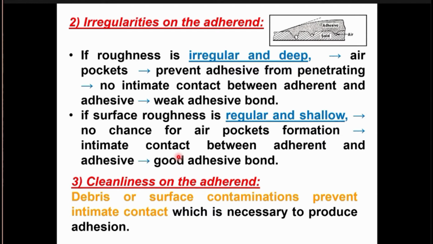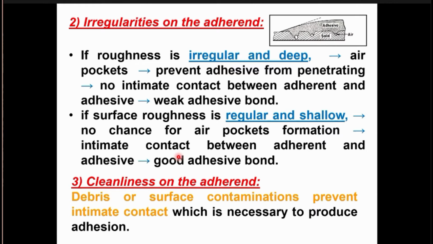Cleanliness of the adherent. The surface we are making a bond with should be clean. If there is some contamination, we will not get a good bond. Surface contamination works in two ways. Firstly, it acts as a separating media. For example, if on one surface we put some oil or grease, the superglue will not adhere, because this oil or grease acts as a contaminant and will not let you make a bond with the contaminated surface.